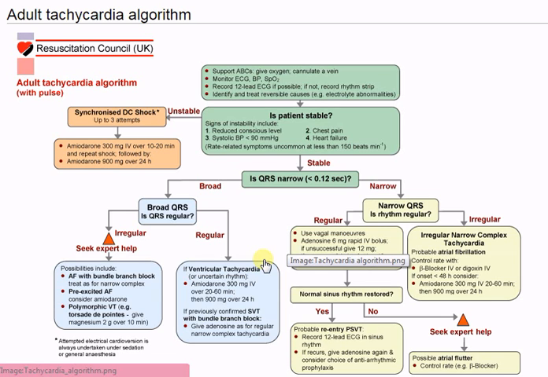The first, maybe it's a ventricular tachycardia, or maybe it's a supraventricular tachycardia with a bundle branch block.